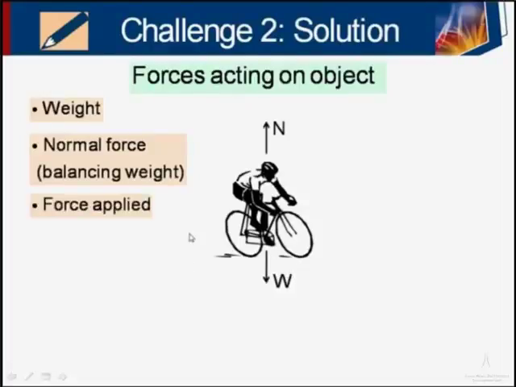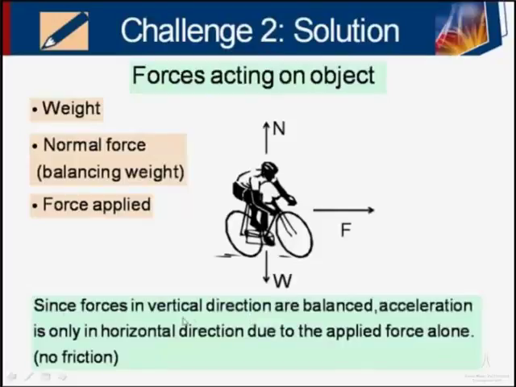Considering the horizontal direction, there is a force applied which gives a motion in the forward direction for the cyclist. Remember, we're considering the situation where there is no friction, so there's no frictional force in the opposite direction.